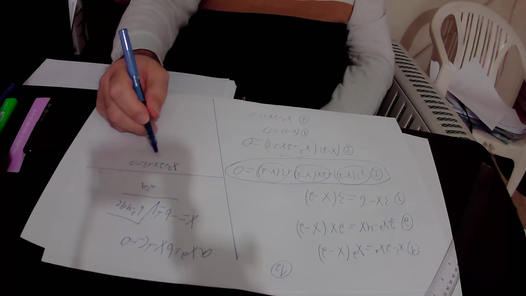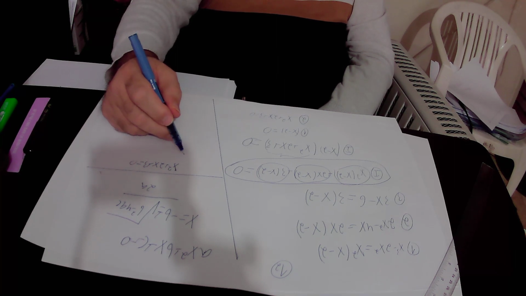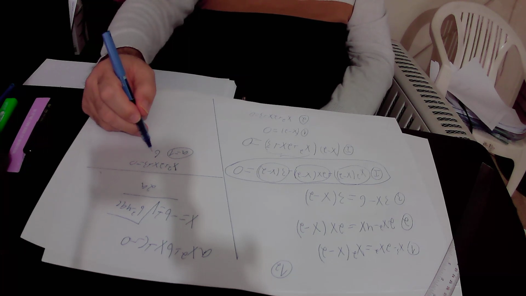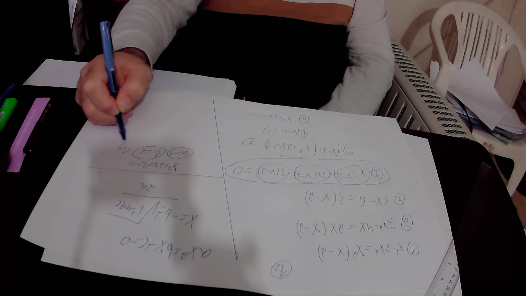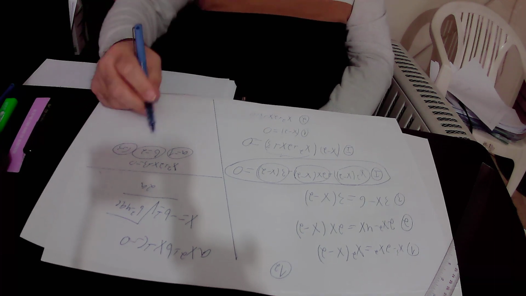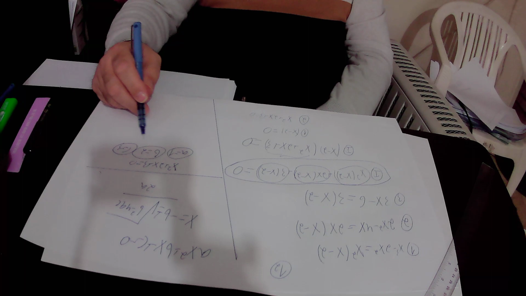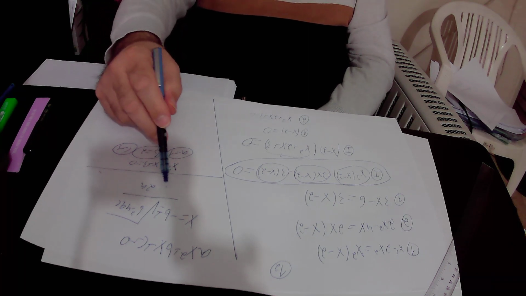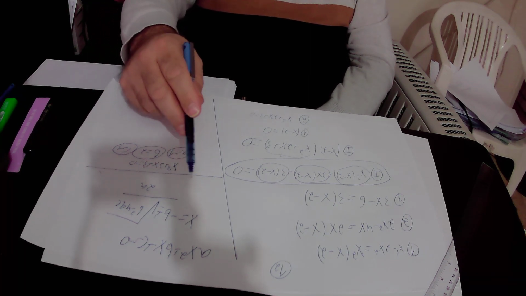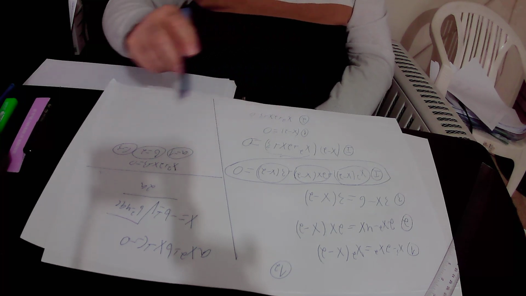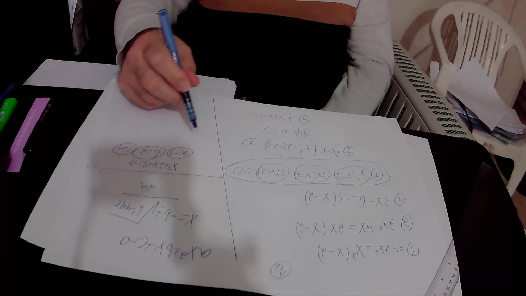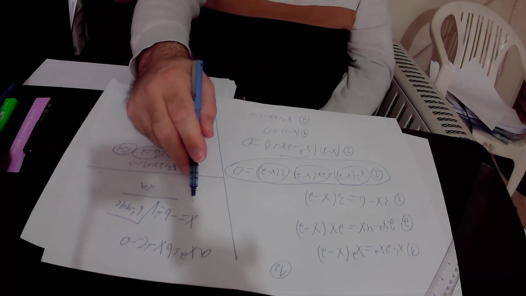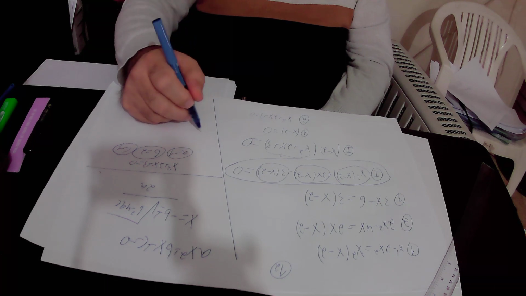In this quadratic equation, the coefficient a equals 1, the coefficient b equals 2, and the coefficient c equals 3. So we will put this data inside the formula for x in order to find the value of x in our specific quadratic equation.